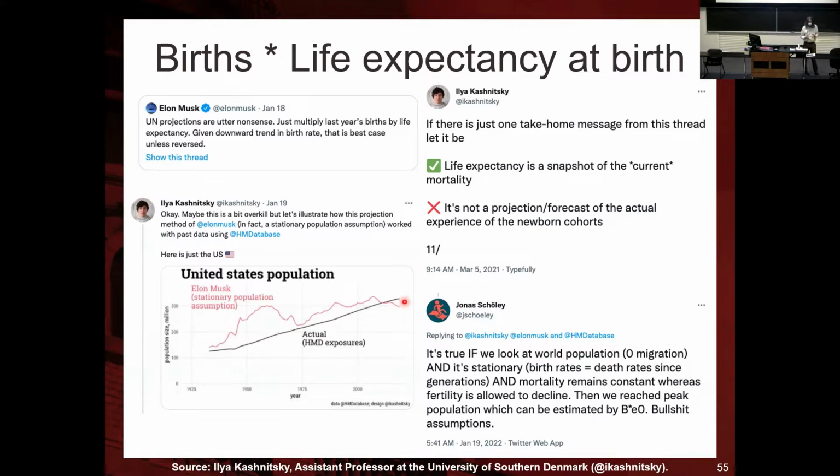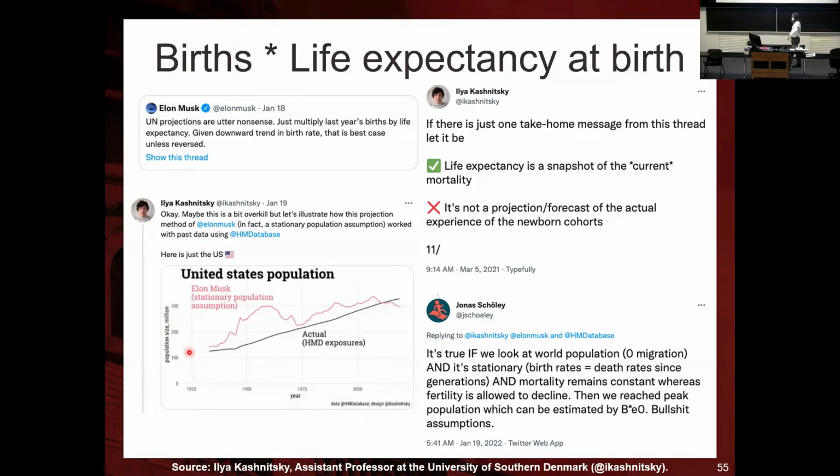The stationary population theory is really important to give us an idea of how the size and the distribution of the population is going to be if you have constant mortality and fertility. But that's not what we have. If we use that in the case of the US, we would be overestimating the size of the population instead of getting this actual data on the size of the population. And this is the size of the population here in millions, right?